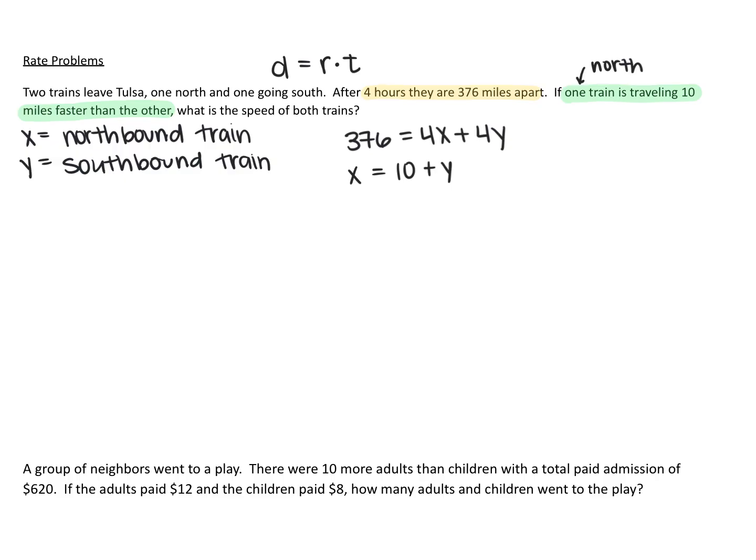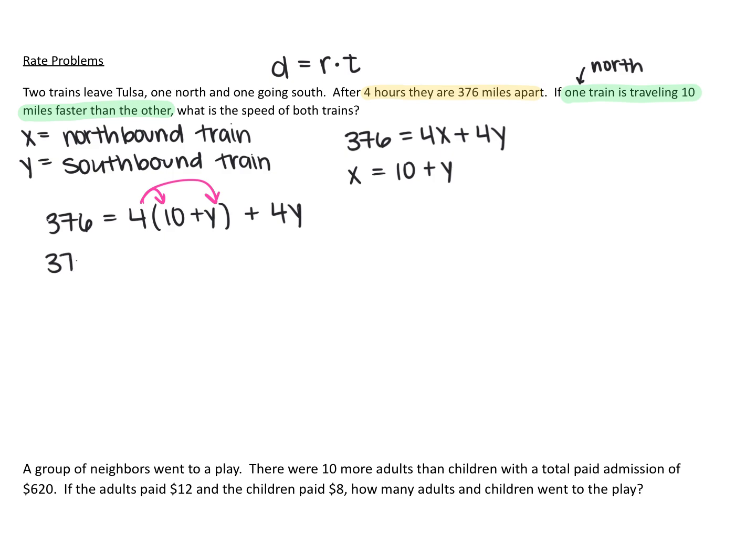Again, we have an example with substitution. So we'll have 376 equals 4 times 10 plus y plus 4y. Now we're going to distribute the 4 into the parentheses.